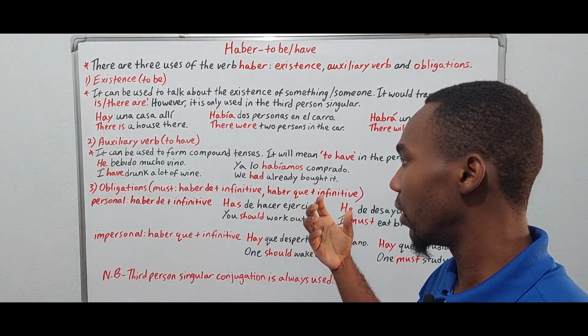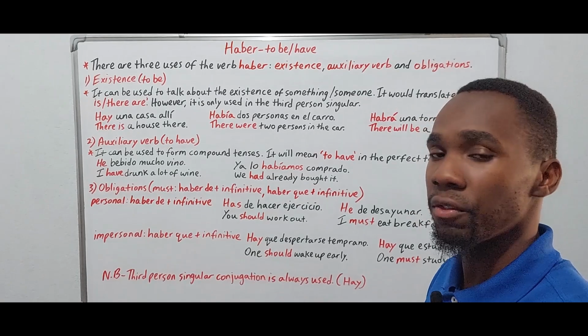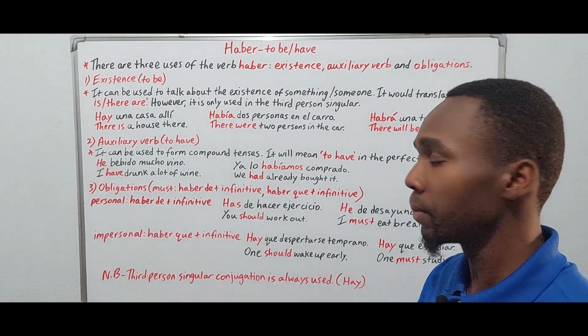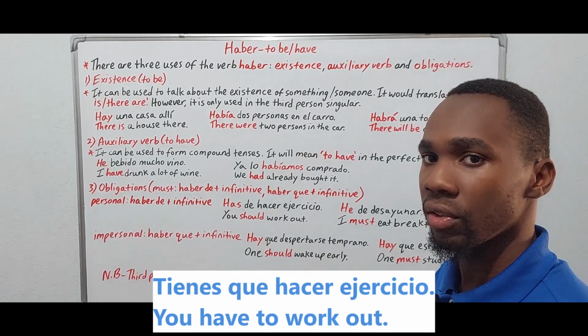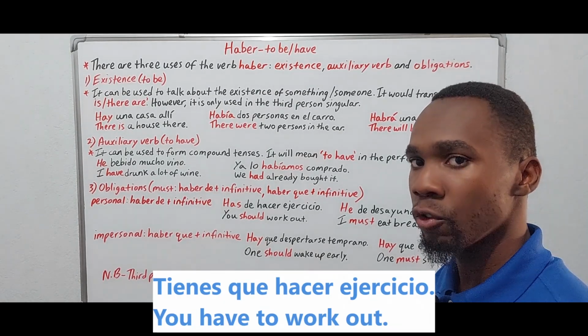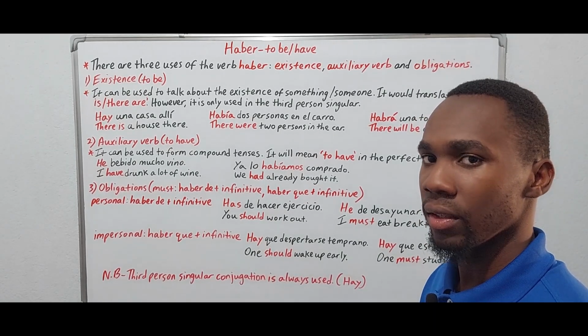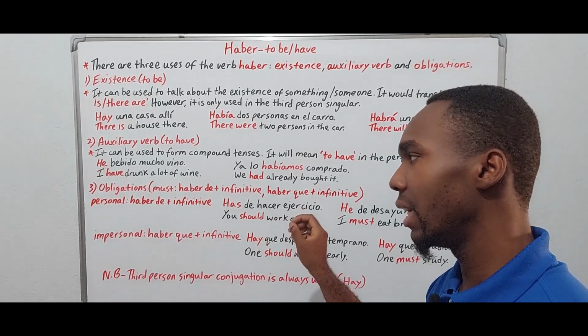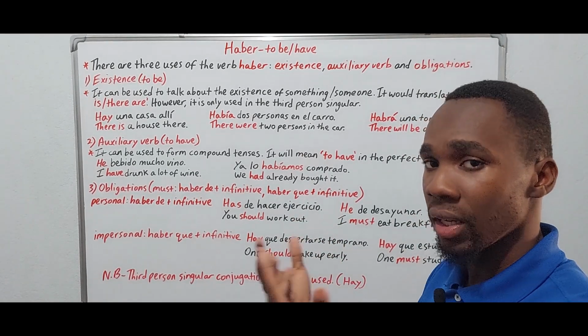So this is a structure that indicates obligation, and it is used to refer to specific persons, okay? So I could say, tienes que hacer ejercicio. You have to work out. You see? So remember, haber de followed by the infinitive is going to be used to refer to a specific person.